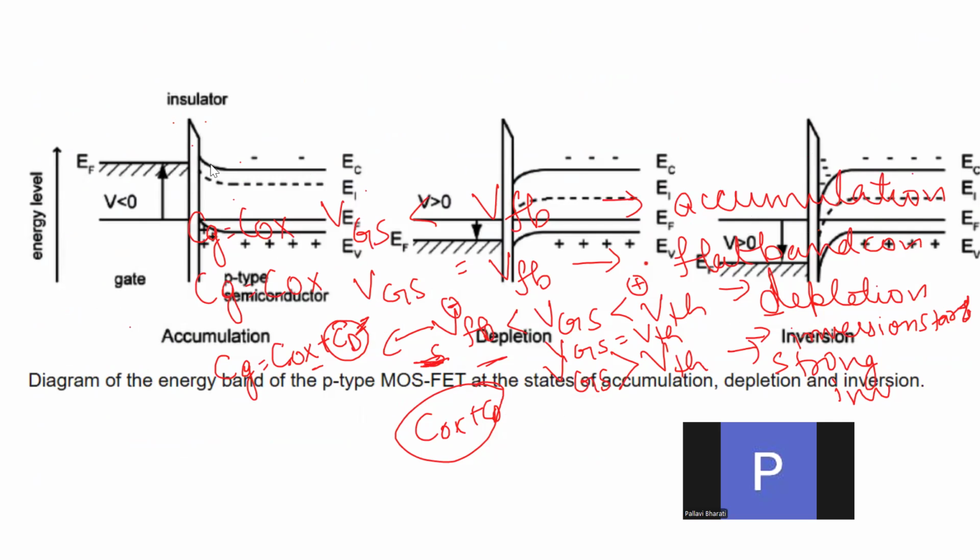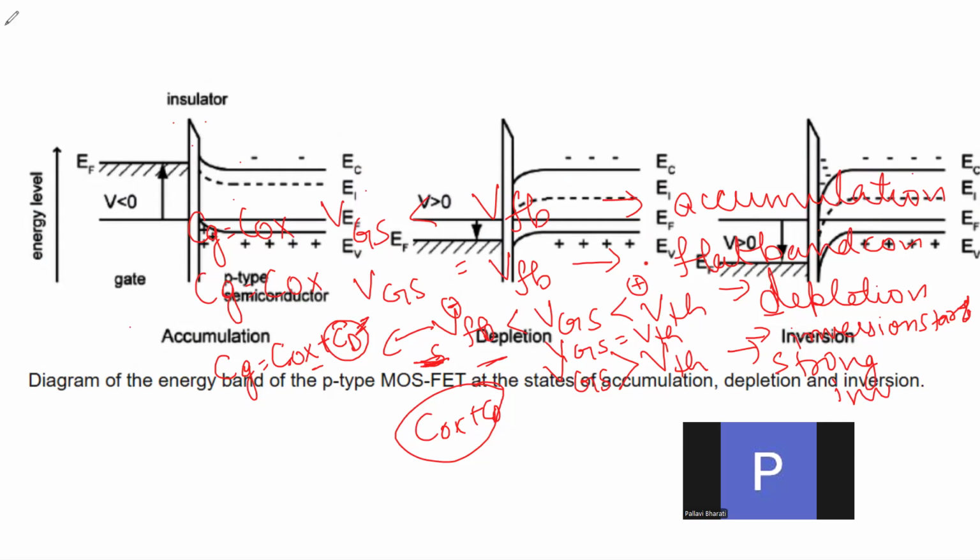Now, if you are decreasing this negative thing, first it will come towards the flat band, then it goes towards band bending downward in the opposite direction. Now, when you make this more positive, the intrinsic Fermi level is going to cross the Fermi level. So that is the whole structure that you need to understand here.